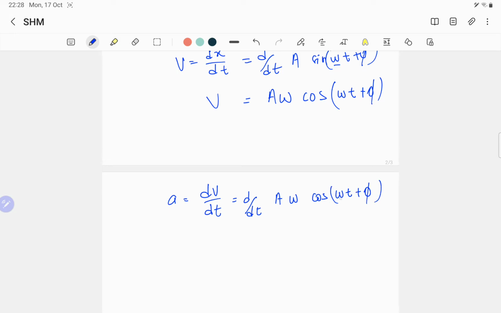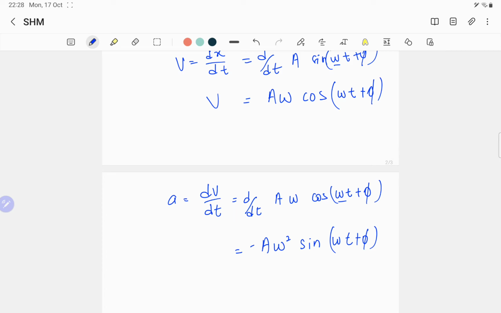Differentiate the same way with respect to t. Omega comes outward, so you will end up with A omega square, and cos will end up with a negative sign, so in front you will have a negative value: a equals negative A omega square sine (omega t plus phi). Once we have the equations, you can try it out.